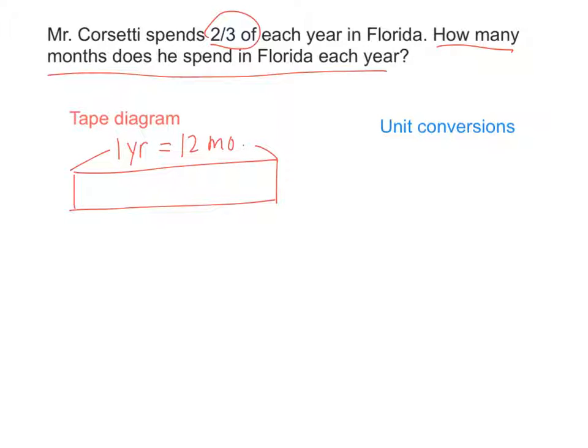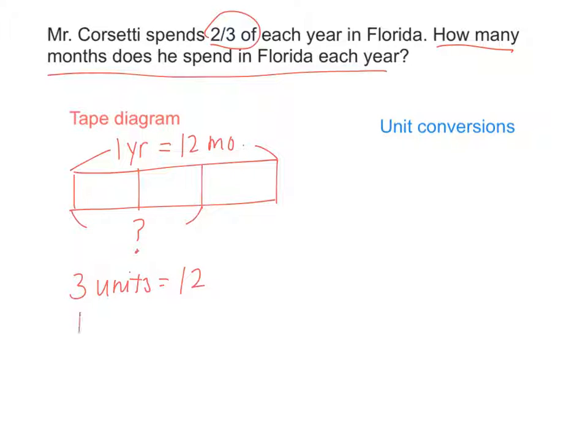MO is the abbreviation for months. Now we're going to split that into how many equal units? 3, because the fraction we're dealing with is 2/3. And then we want to find out how many are in 2/3, so we're going to mark off 2 of those units and put a question mark. Okay? Now, altogether we have 3 units, so we're going to write 3 units equals what? 12.